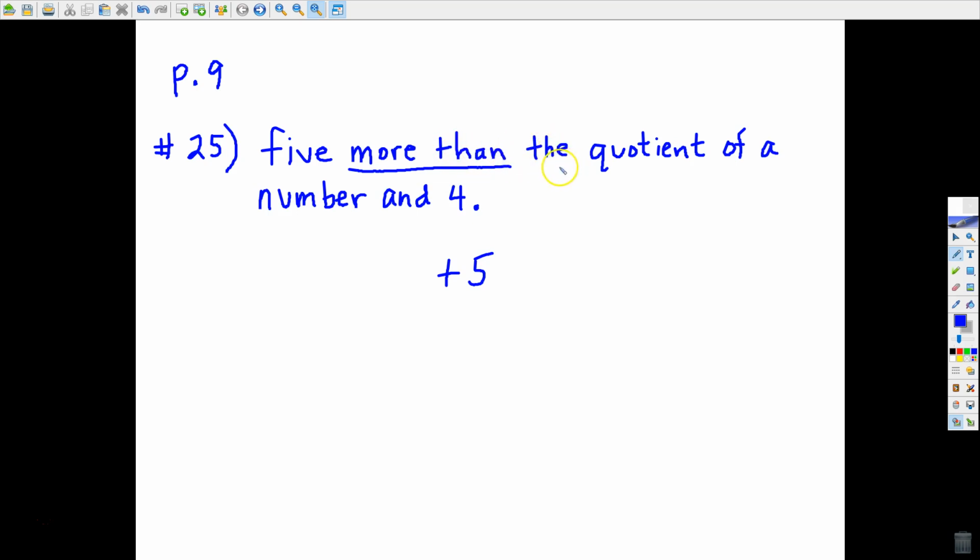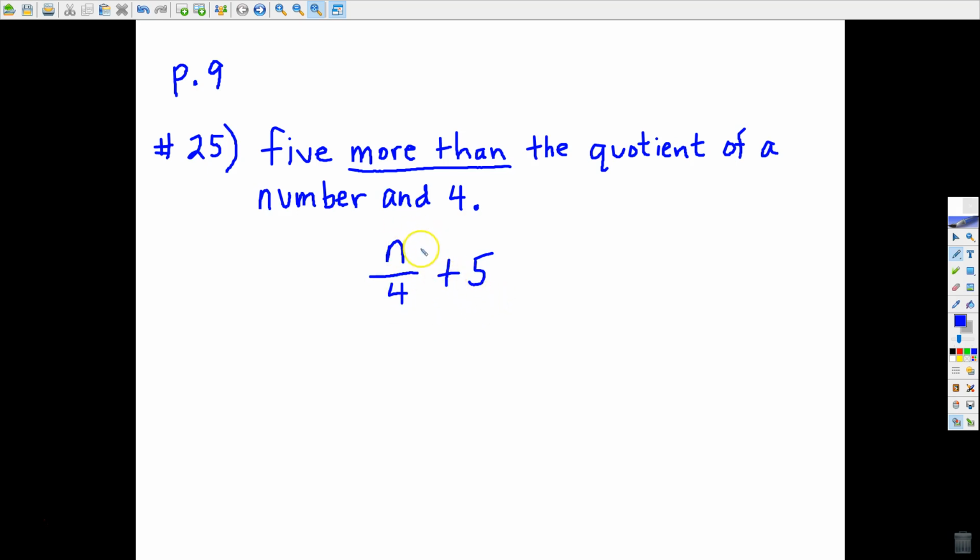And the something, if we keep reading, will be the quotient of a number and 4. Well, a number is obviously going to be what our variable represents. The quotient of is just another way of saying division. So we're going to have some number divided by 4.